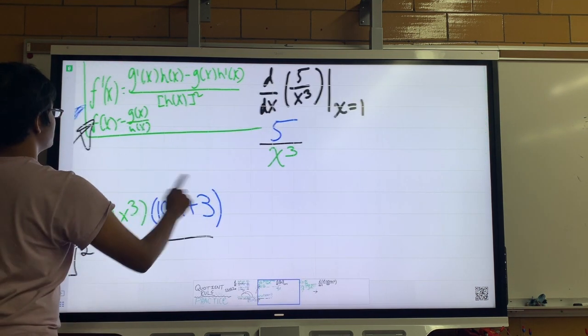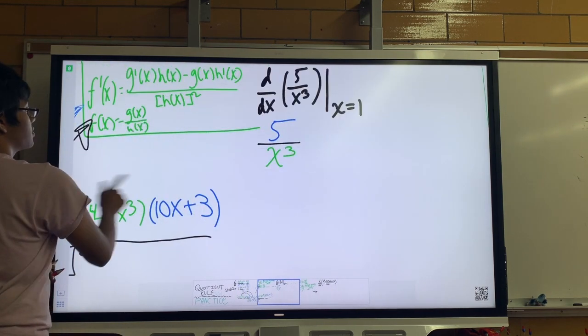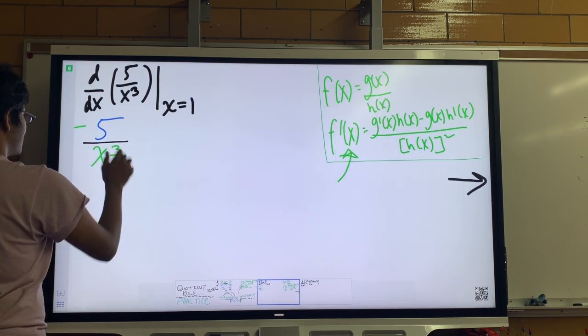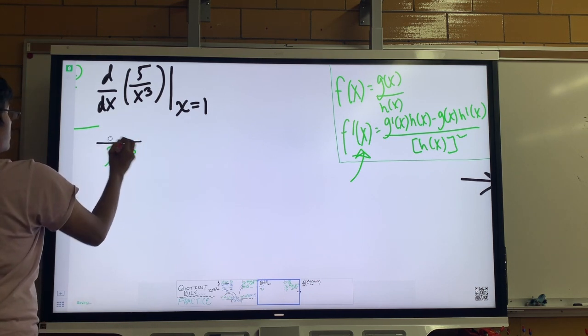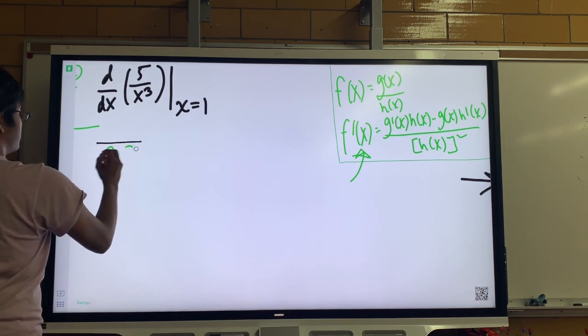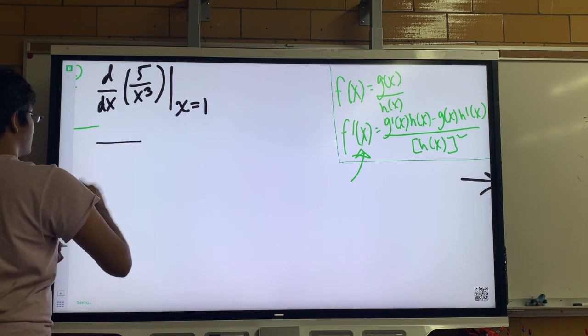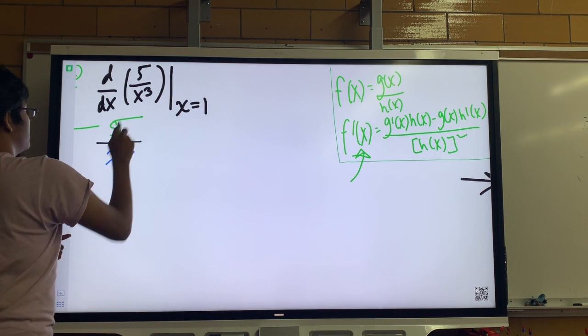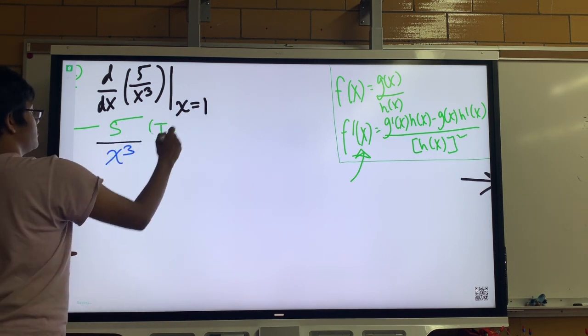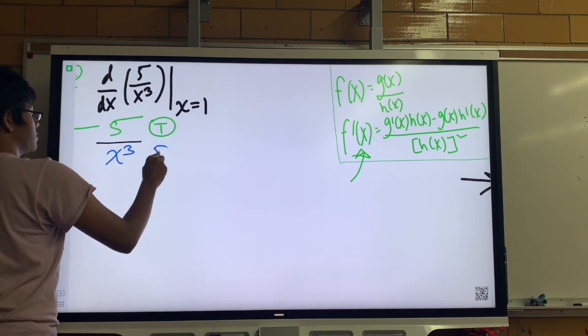Are those the colors I used last time? Oh, let's switch this up to remain consistent. So blue's gonna be bottom, so x cubed, and 5 is the top. Okay, so this is my top function and this is my bottom function.